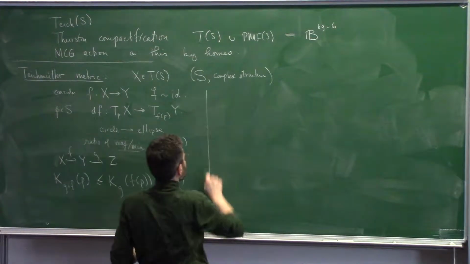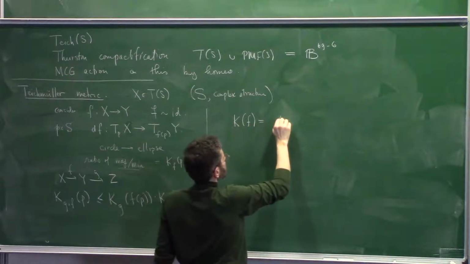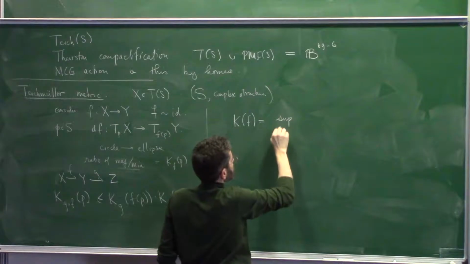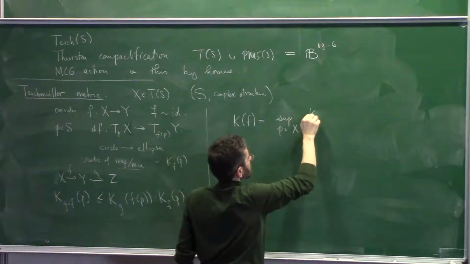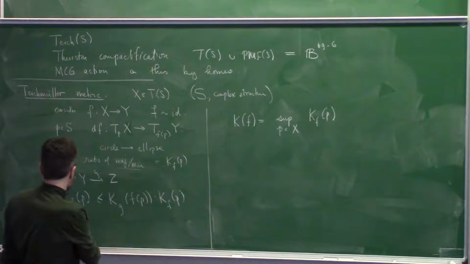So we now define K(F) to be the supremum over all points in the surface of the dilatation. This is called the quasi-conformal dilatation.